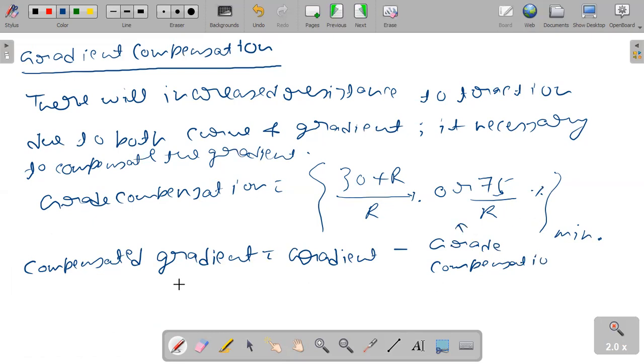So this is the formula for compensated gradient. Gradient will be given in your numericals, and grade compensation you'll find from this formula. Here r is the radius. And you'll easily get the compensated gradient.